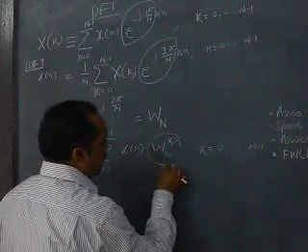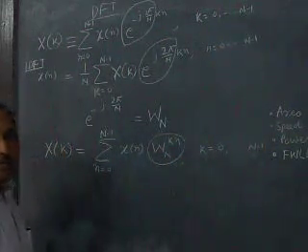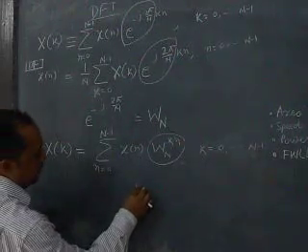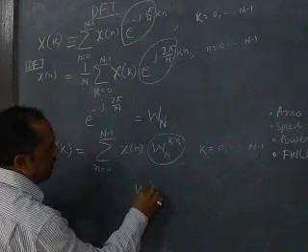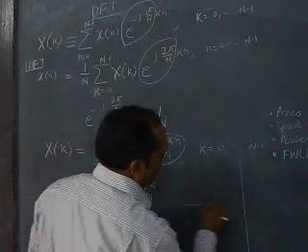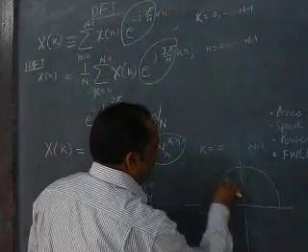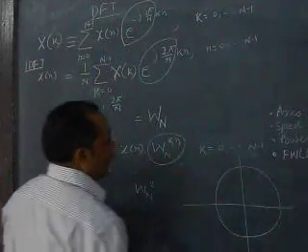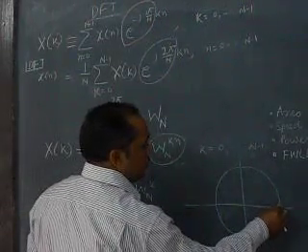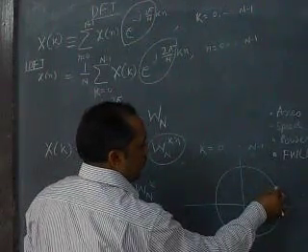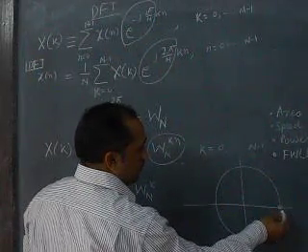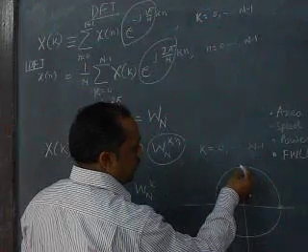And now if we consider this factor W_N^kn, what is the meaning of this one? It looks something like this. Now if we consider N equal to 8, so n is equal to 0, then this will be 0.